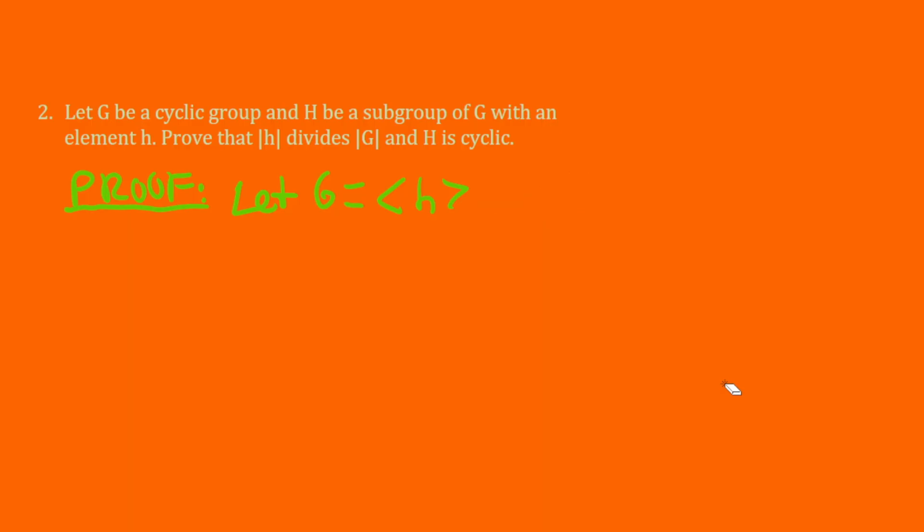Where h is an element of H and H is a subgroup of G. So let's assume that H does not have just the identity element in it. So then h^t is an element of H, where t is greater than 0.